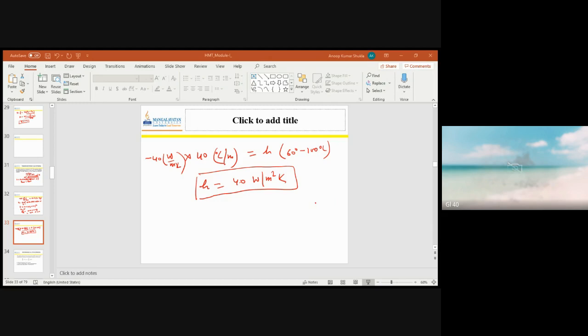Suppose we introduce a radiative surface heat transfer coefficient, HR.